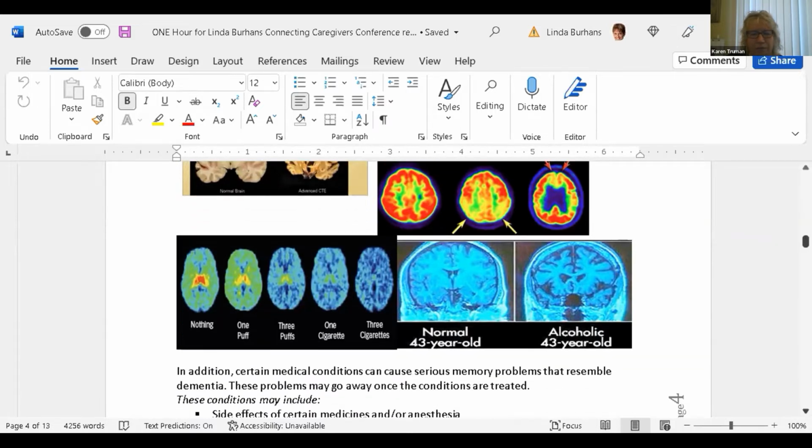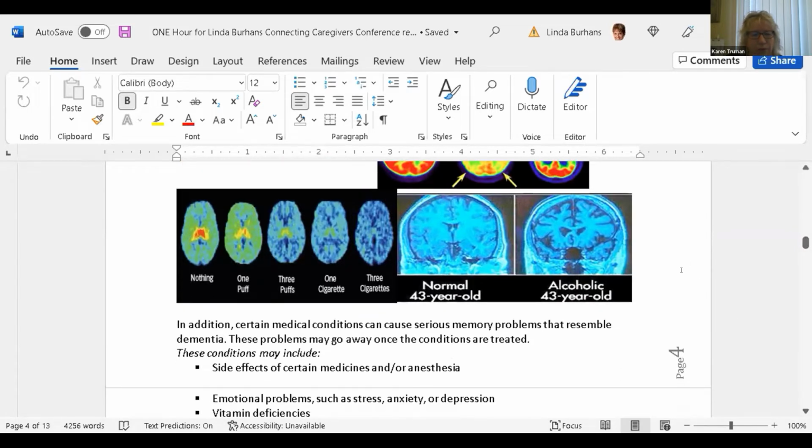So now this one is really interesting because we have the cigarettes. I don't know where the rest of my slide went, but it was down there. But anyway, this slide shows if you do nothing and you weren't a smoker, that's how your brain would look.